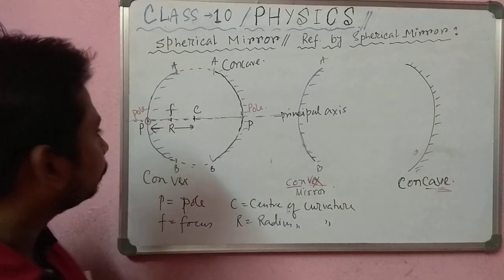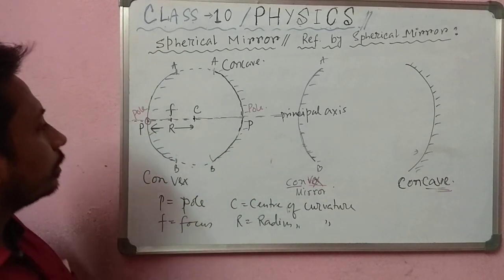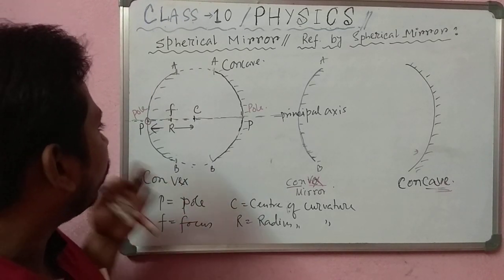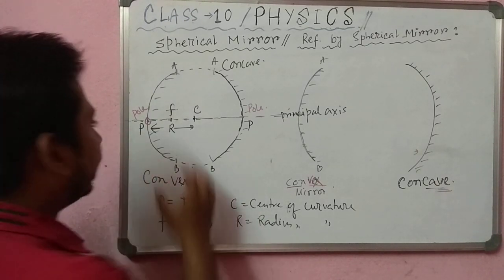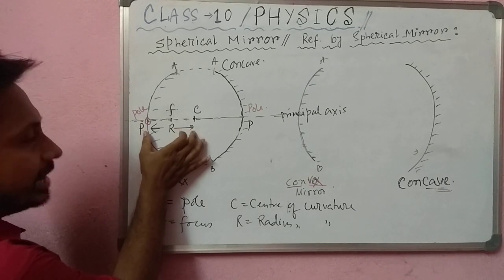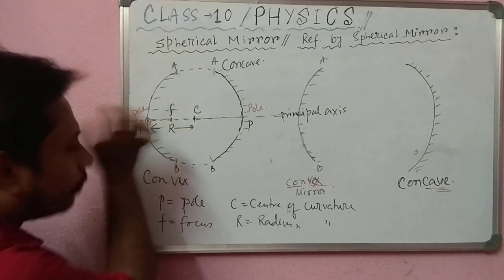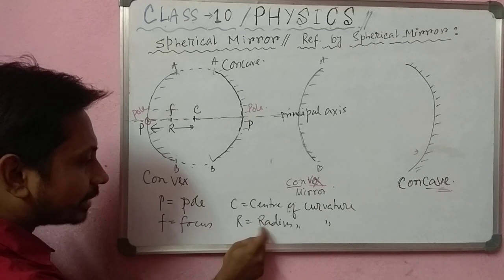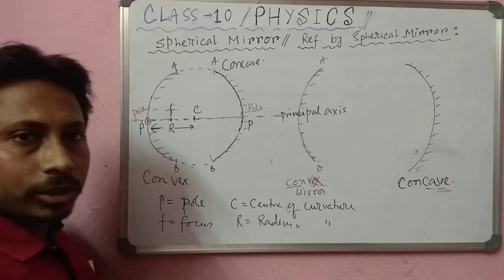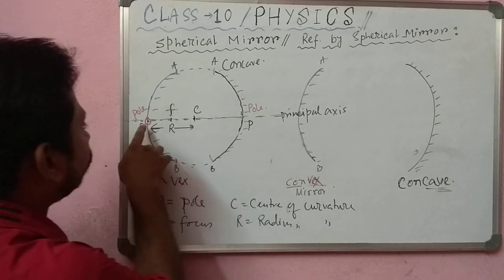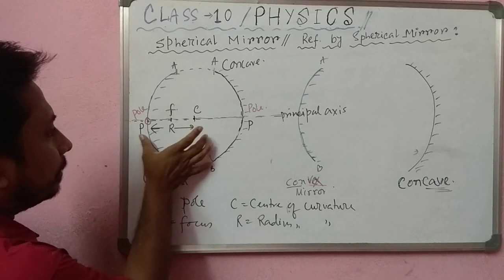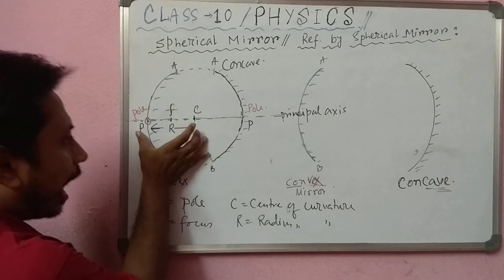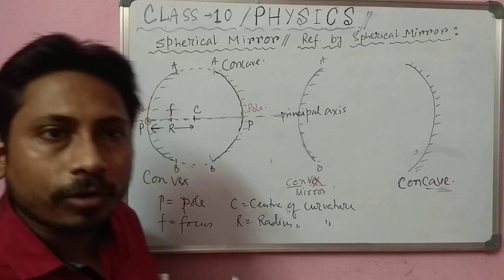Clear, students? Now, from this, what relation are you getting? You are getting a relation between radius of curvature and focus. Students, you can see PC is called the radius of curvature, and half of R is called focus.